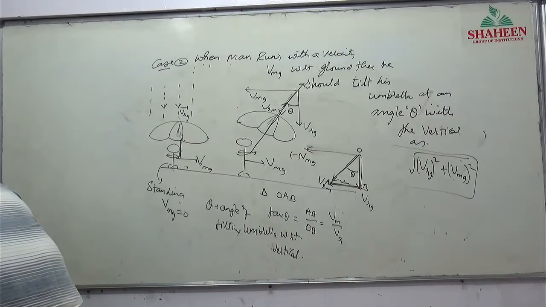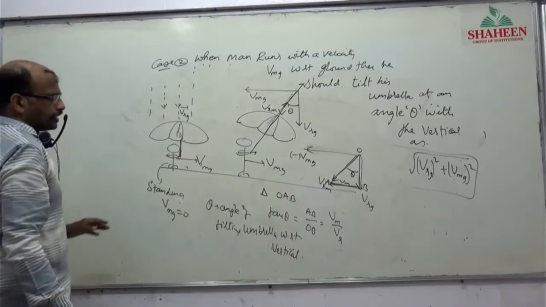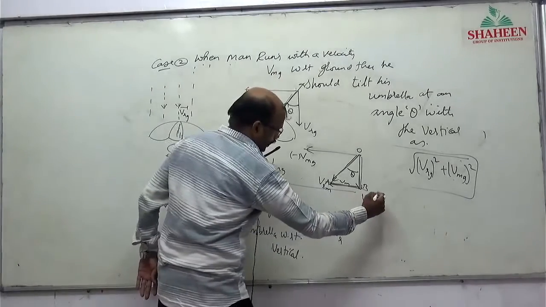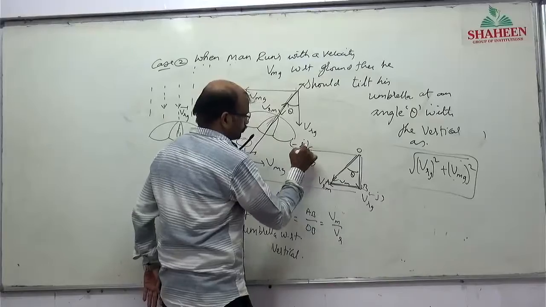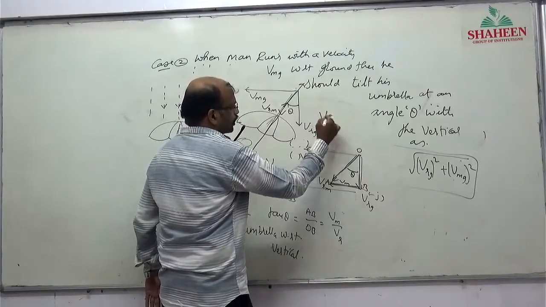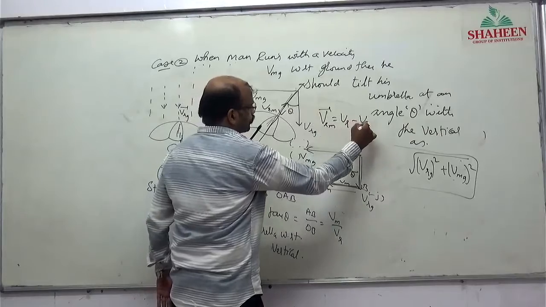Vr is negative only, but it's along negative y direction. Vm is opposite. Actually, Vrm is equal to Vr minus Vm.